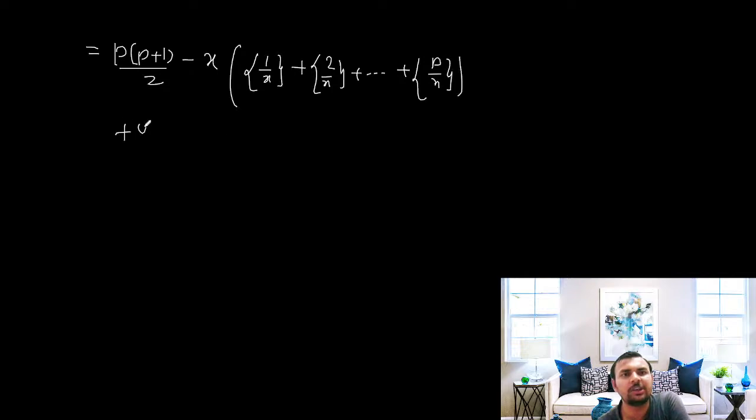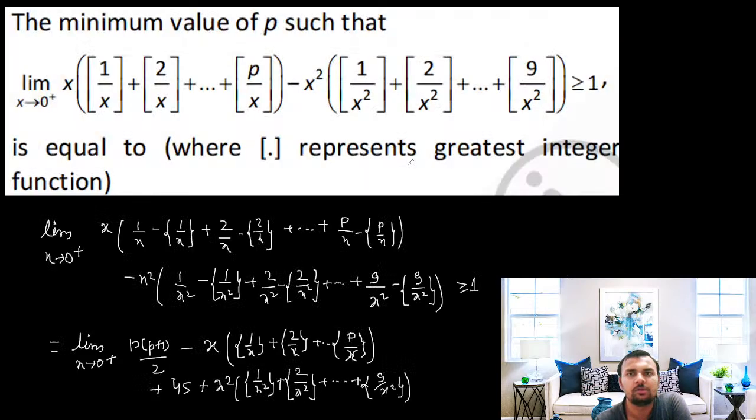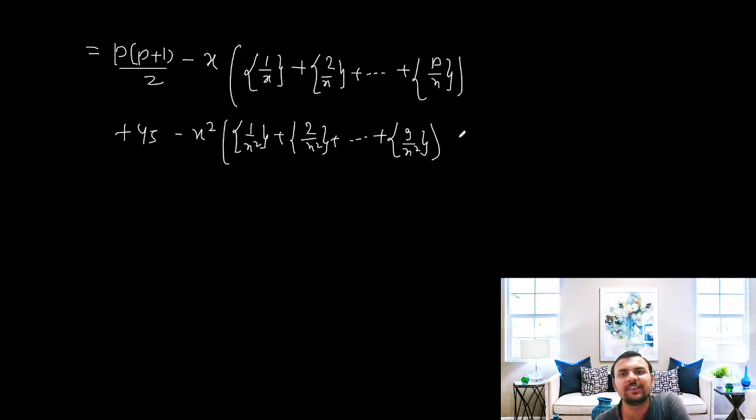This is 45 minus x square times (1 by x square, 2 by x square, dot dot dot 9 by x square). This is greater than or equal to 1, with x tending to 0 plus.